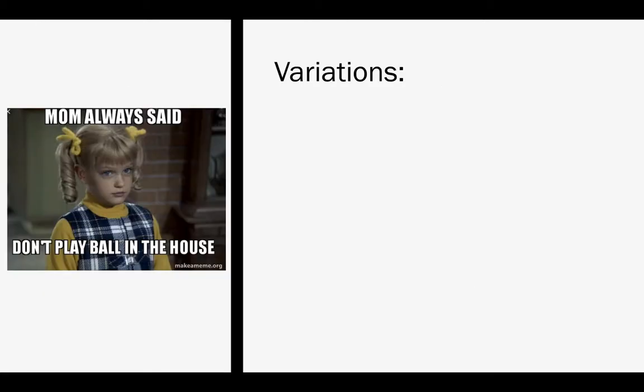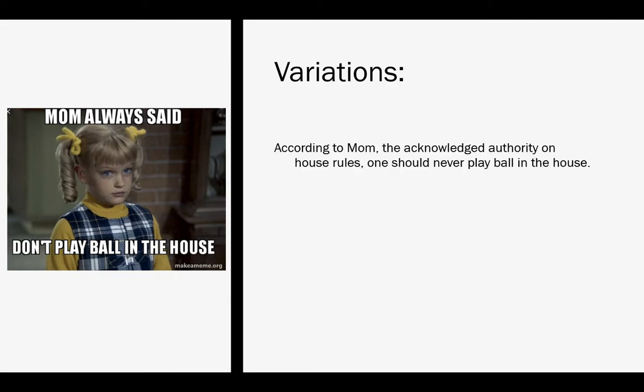So let's look at some variations of our basic quotation. According to Mom, the acknowledged authority on house rules, one should never play ball in the house. Okay, now we've added something to call to the source's credibility. Making a compelling case for safety, Mom instructs, "Don't play ball in the house."